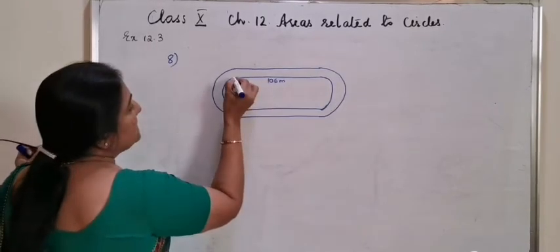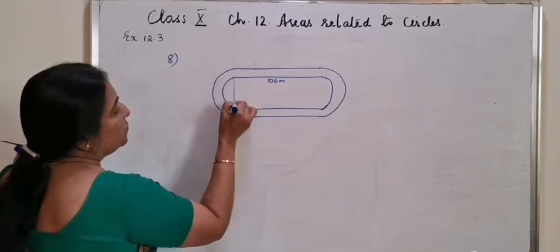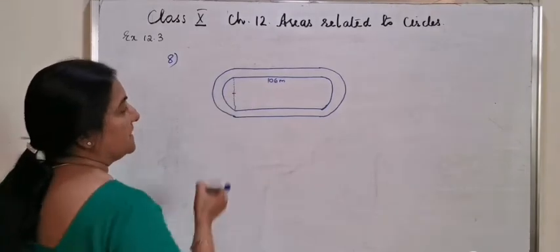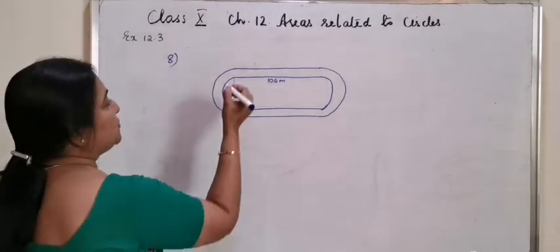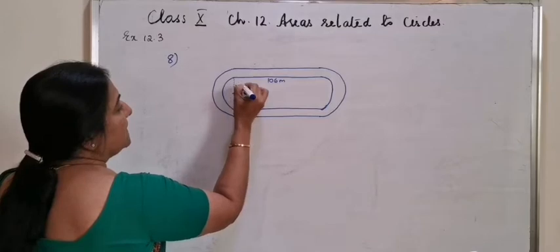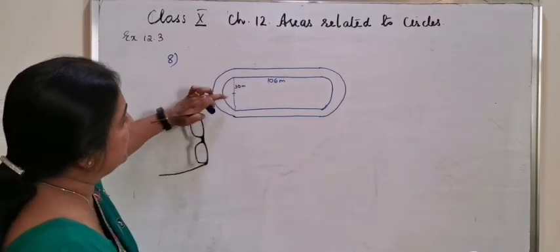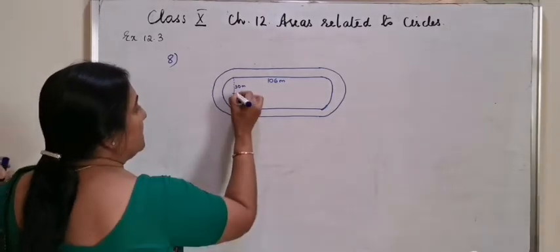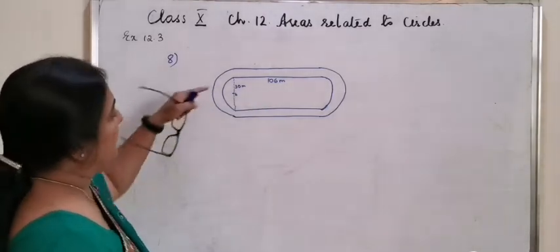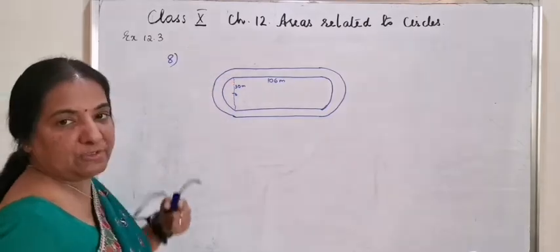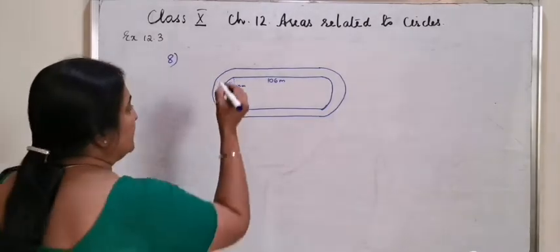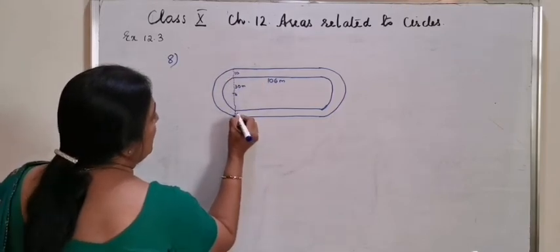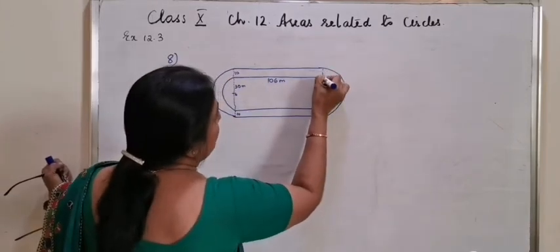And now, the distance between the 2 inner parallel lines is given as 60 meter, which shows that each half part is, that means the center of the semicircle is, let's mark it as O, and the radius of the semicircle can be found out as 30 meter, and the track is 10 meter wide. Throughout the track is 10 meter wide.